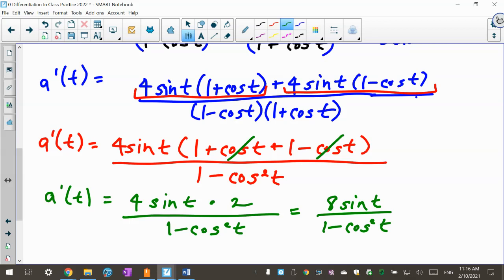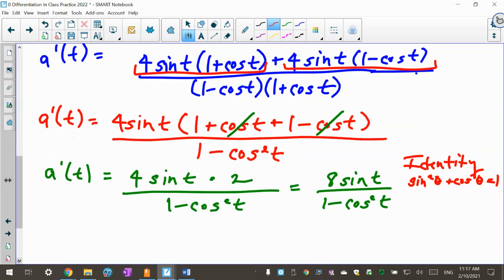Now, one of the reasons that I did this, here is another little thing, we are going to use an identity right here for the denominator. And I know that sine squared theta plus cosine squared theta equals 1. So if I move the cosine squared over there, this whole thing ends up being sine squared.